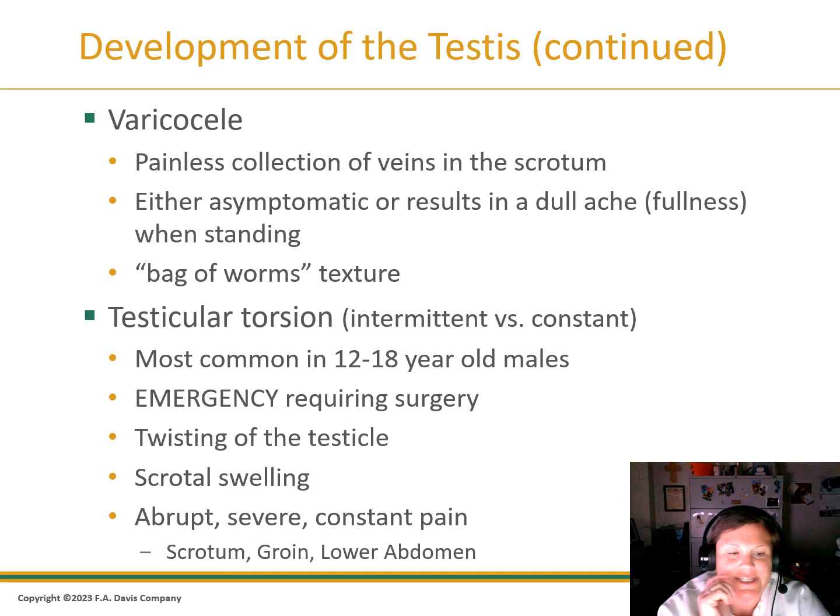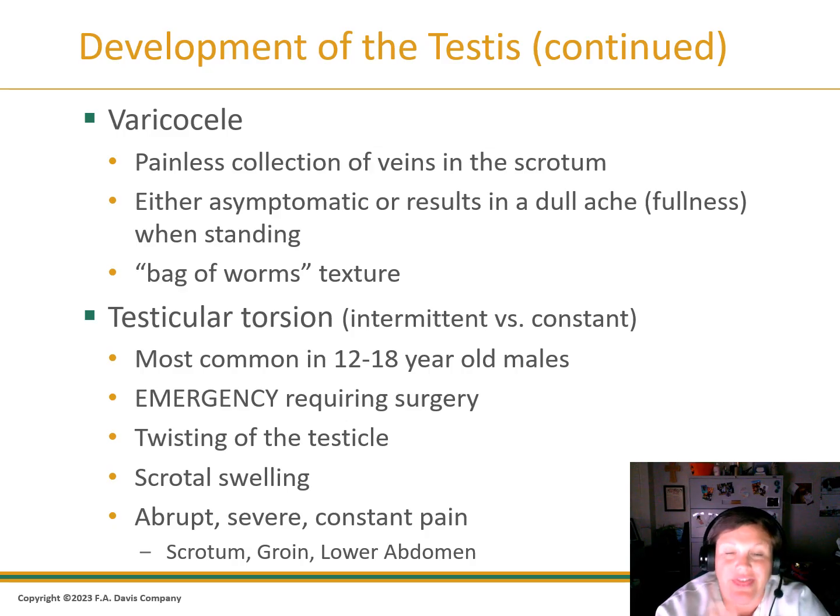Okay, testicular torsion. This is a big one, and I hope you've heard it before now, and if you haven't, when you get to GU with med-surg, you will. But this is what is considered an emergency that requires surgery, and it is often seen in our adolescent patients between ages 12 and 18 years old.